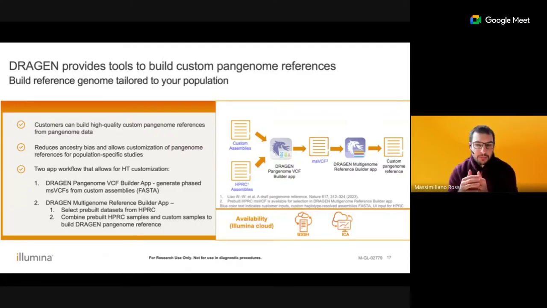And so the impact is on runtime. Again, as I said, you can align and call a 30x genome in 30 minutes, essentially. So that's the main benefit. And about open source, the whole code is proprietary, so it is not going to be open source.